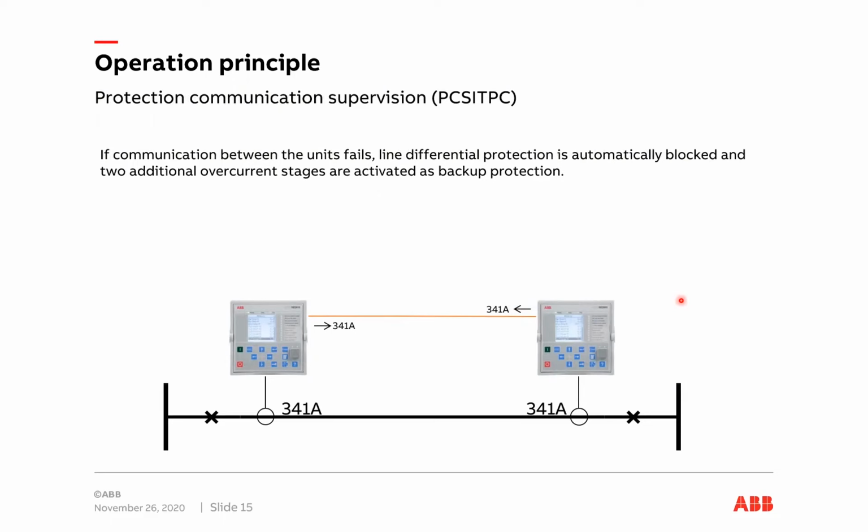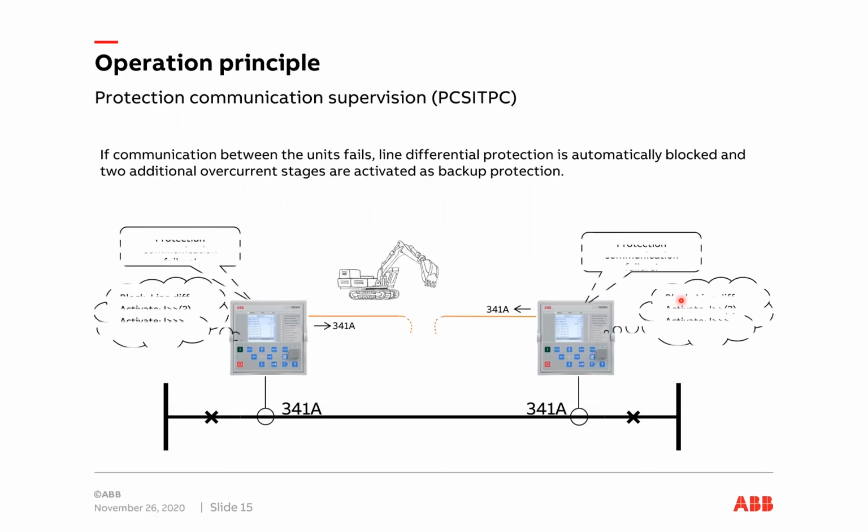So let's then have a look at different other functions inside the relay that are cooperating with the line differential protection. So the first one I would like to show you here is the protection communication supervision. So this function continuously checks that the communication between the relays is okay.